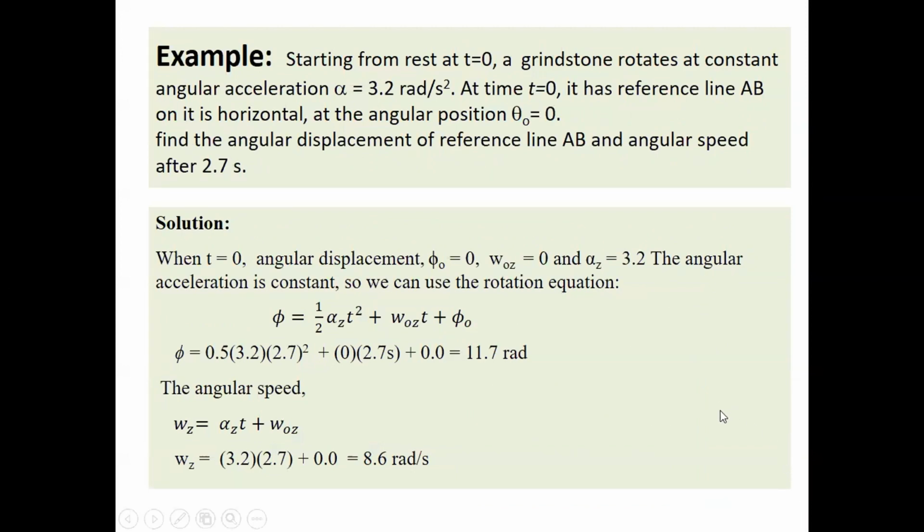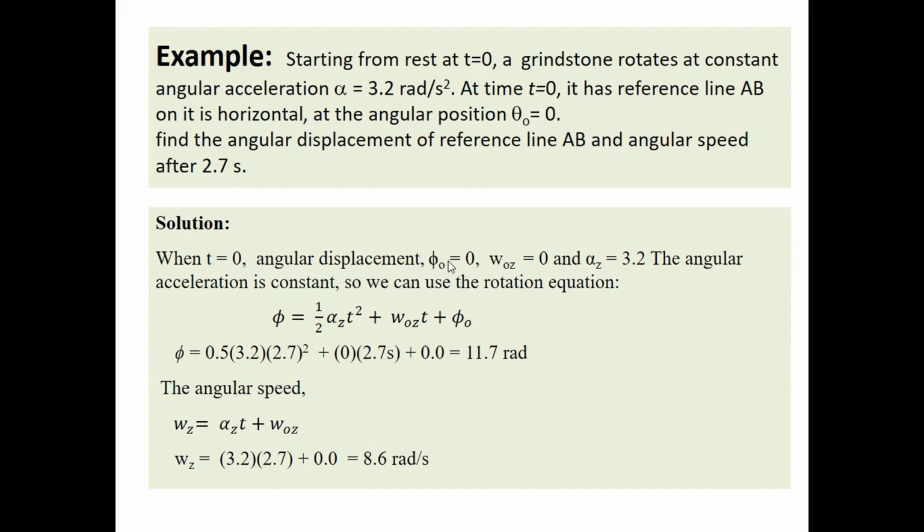Let's do one simple example on this. Starting from rest, a grindstone rotates at a constant angular acceleration α equal to 3.2 radians per second squared, and when time is equal to 0, it has a reference line AB on a horizontal plane at an angular position θ equal to 0. Find the angular displacement of the reference line and the angular speed after 2.7 seconds.